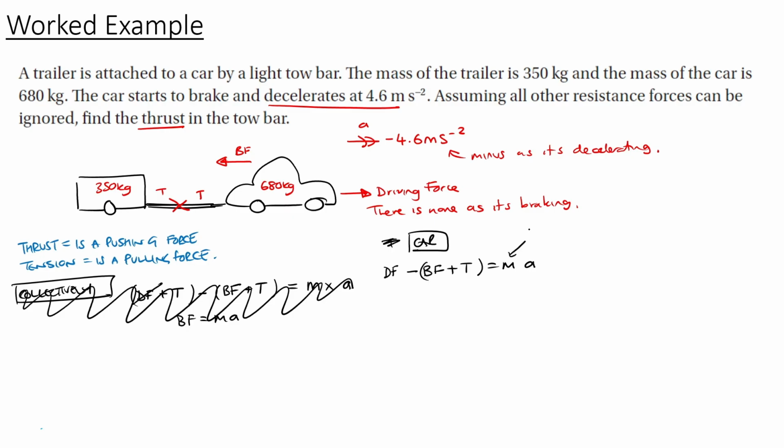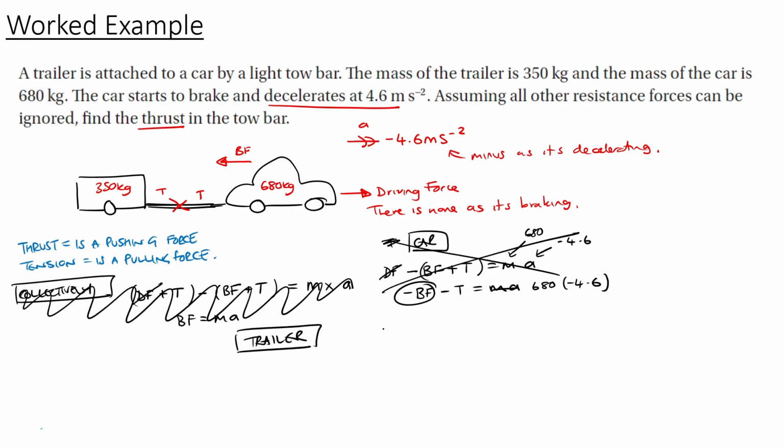Now mass I know, which is 680, acceleration I know, which is minus 4.6, but if there is no driving force as it's braking, then what I'm going to be left with is minus BF minus T equals MA, which again is not helpful because I'm trying to find out what T is. So even though I know what mass times acceleration is, which is 680 multiplied by minus 4.6, it's this BF that's going to be the problem, and I don't know what that is. So again, this is not going to work. So what I then move on to is the trailer.